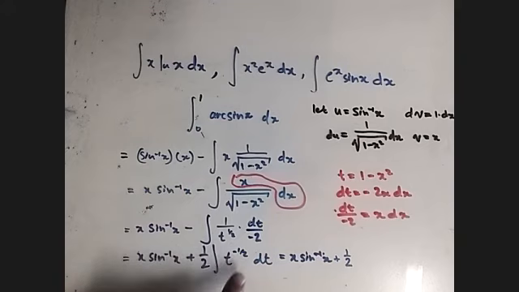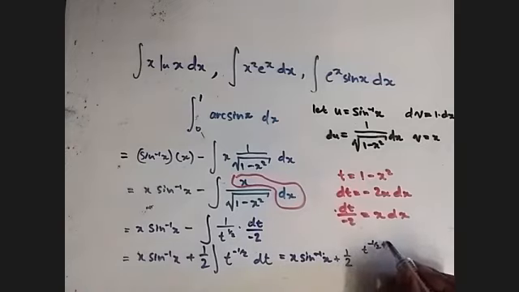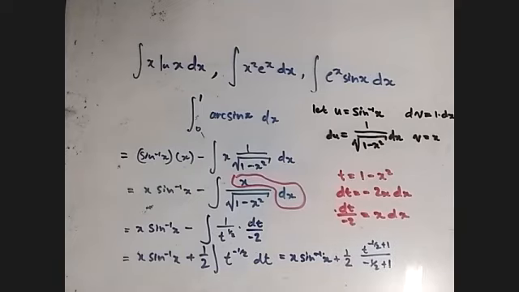We're just going to add 1, then divide by whatever that is. So we're going to have t minus 1/2 plus 1 all over minus 1/2 plus 1, plus c.